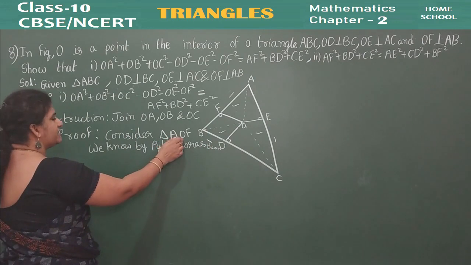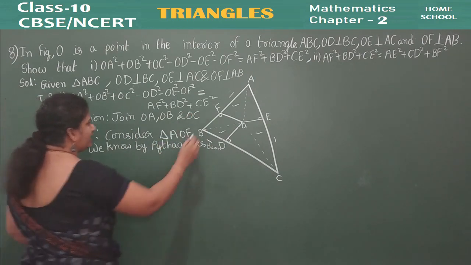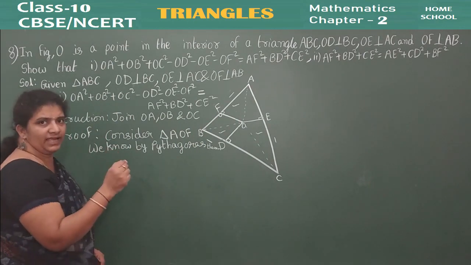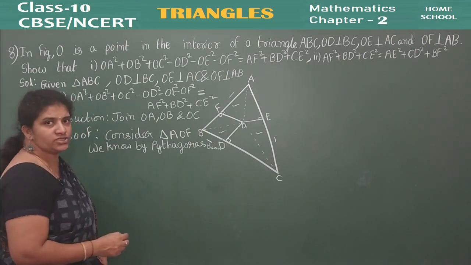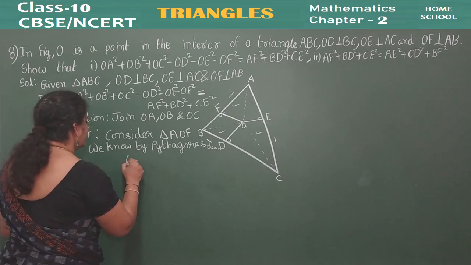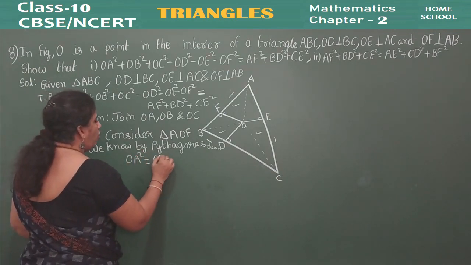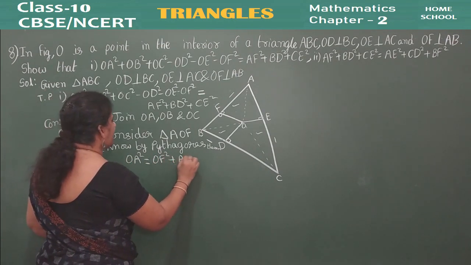Apply Pythagoras theorem in this triangle, where it is right angled at F. If it is right angled at F, what is the hypotenuse? OA. Write the statement: OA square is equal to OF square plus AF square.